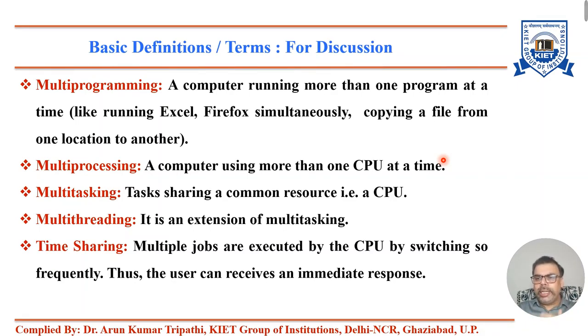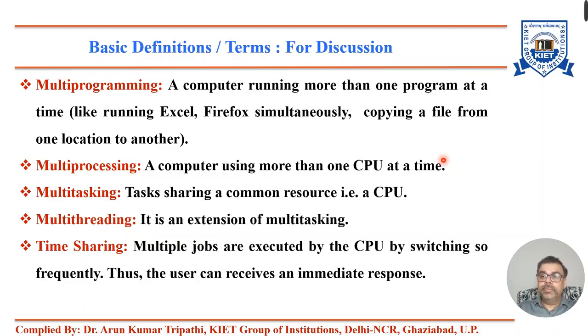We are performing all tasks simultaneously and it looks like the processor is doing all work simultaneously. But this is not true. The processor can perform one task at a time. So in multi-programming, more than one program can reside in the main memory. This we will discuss in detail in unit number 4, that is memory management.